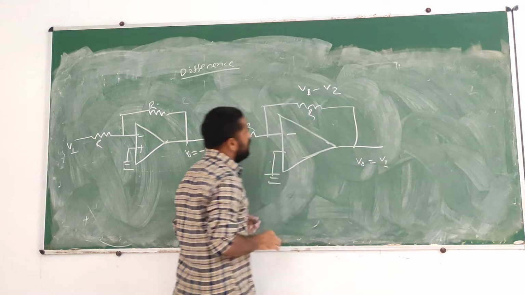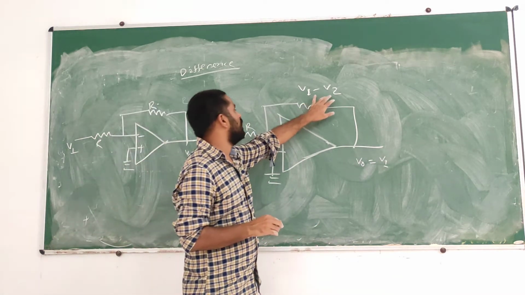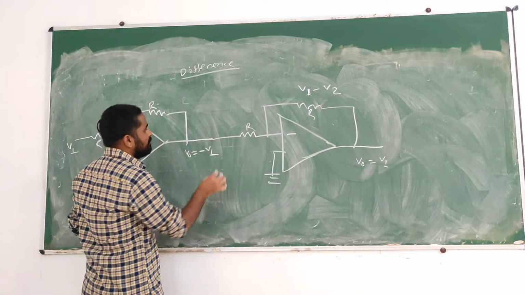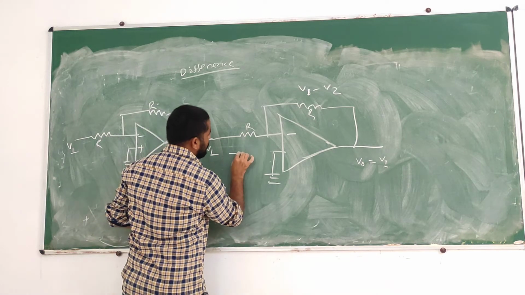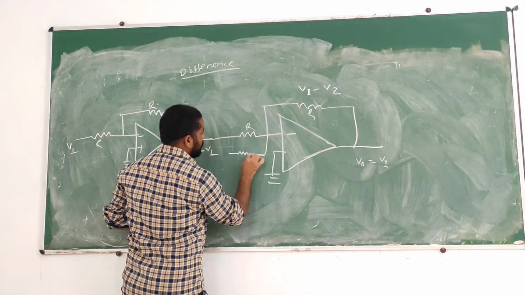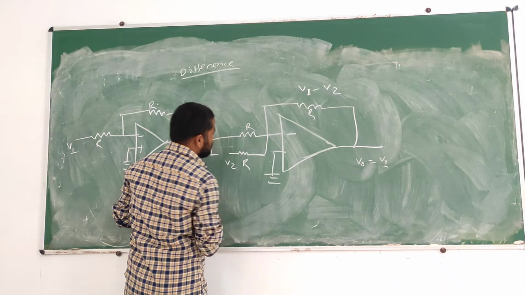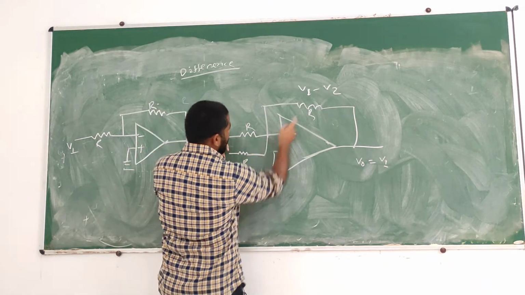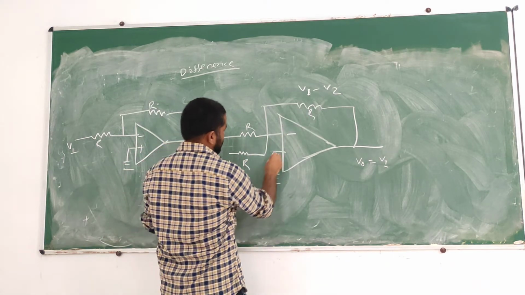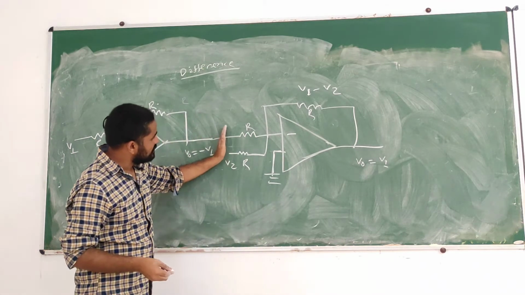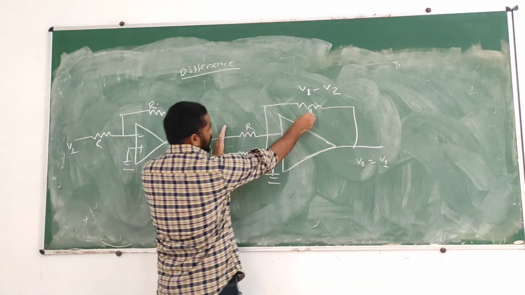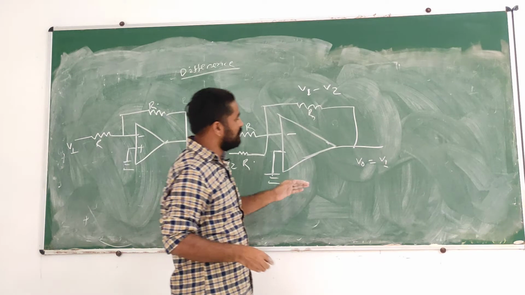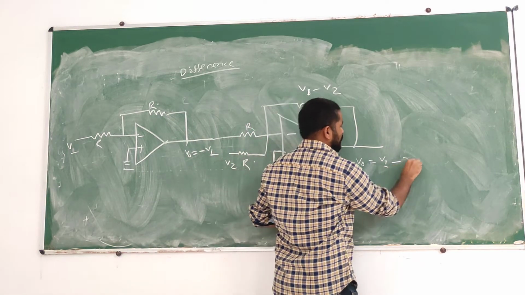V1. Now you just need minus V2. How can you get it? Just apply one more circuit, with extra V2 voltage over here with the resistance R, and the gain of this will be R by R. Again this is acting as a summing amplifier, R by R, this will give you minus V2.